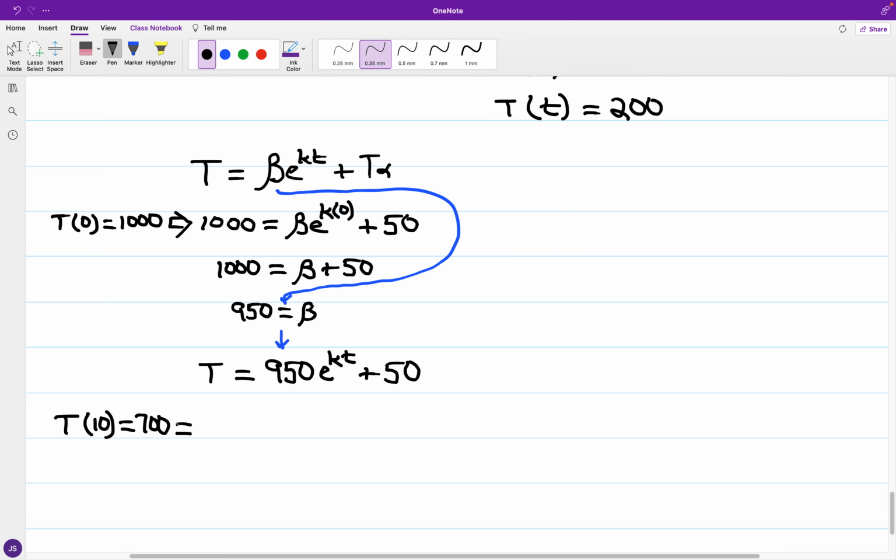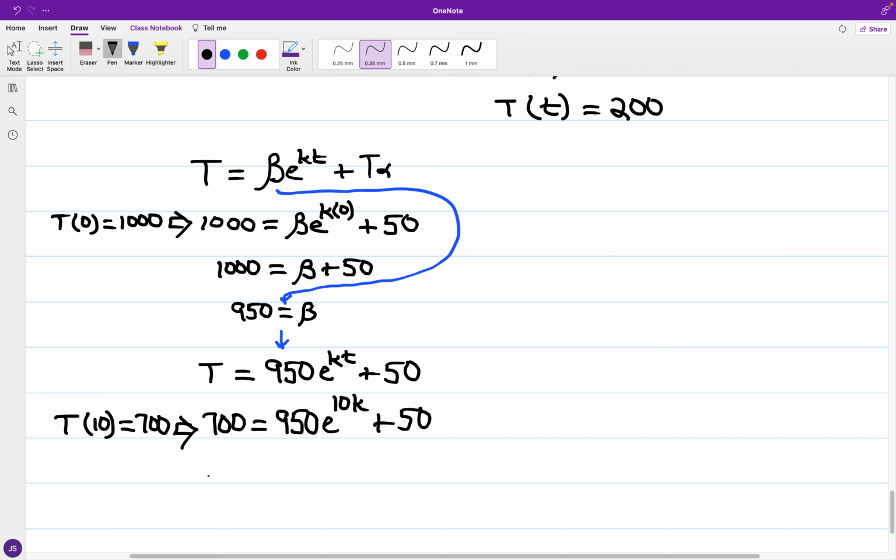Looking at transferring the next items of information, the core temperature after 10 minutes is 700. So 700 is equal to 950 times e to the k times 10, that is e to the 10k, plus 50, and ultimately isolating the variable k.